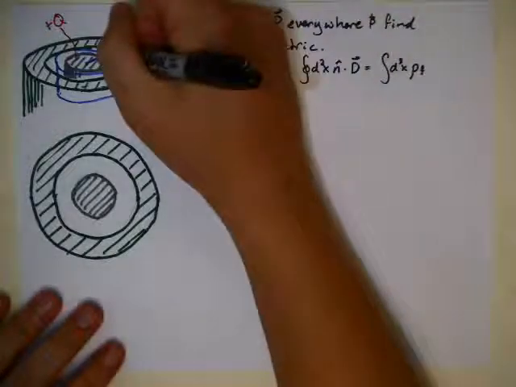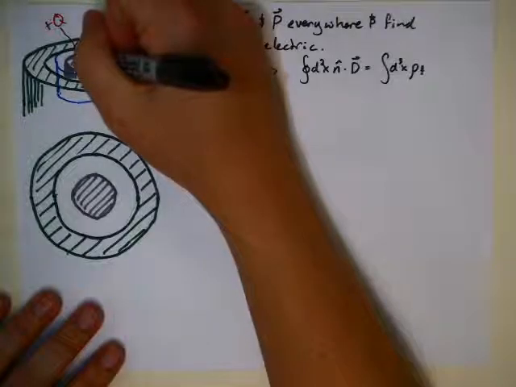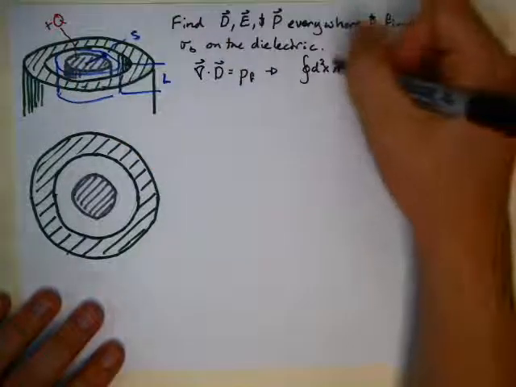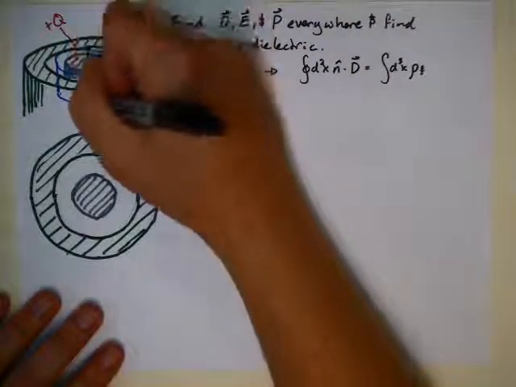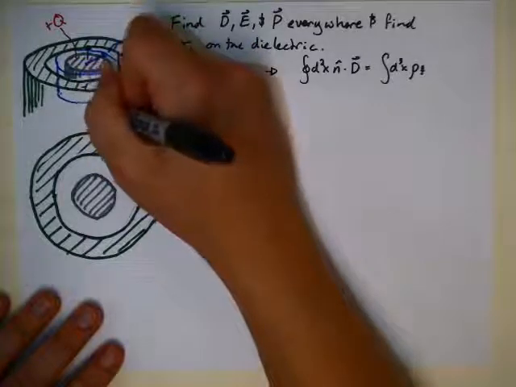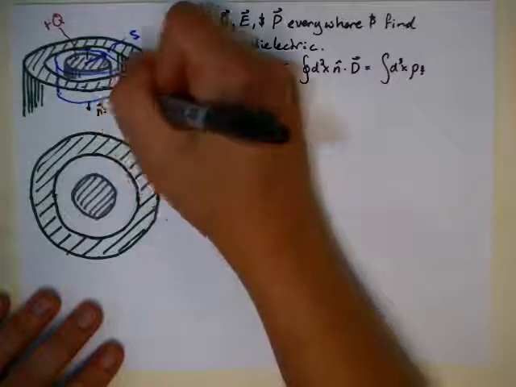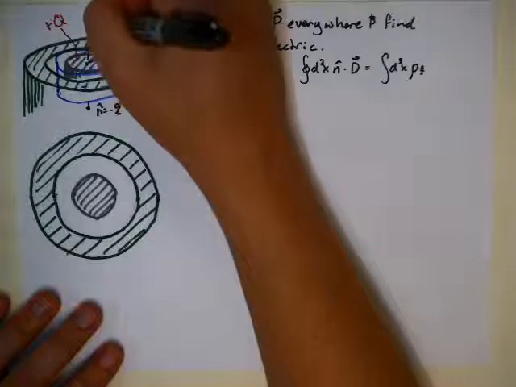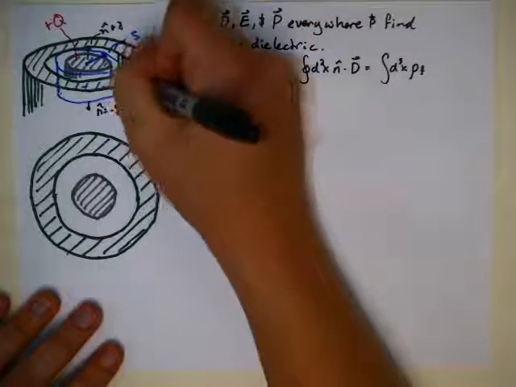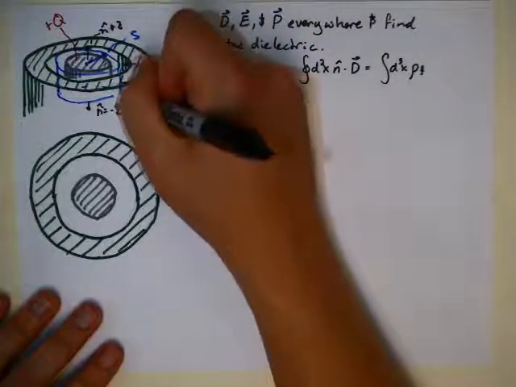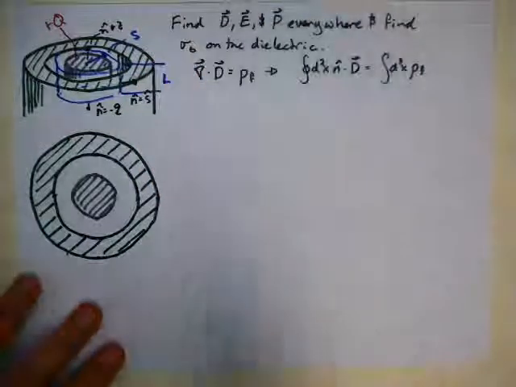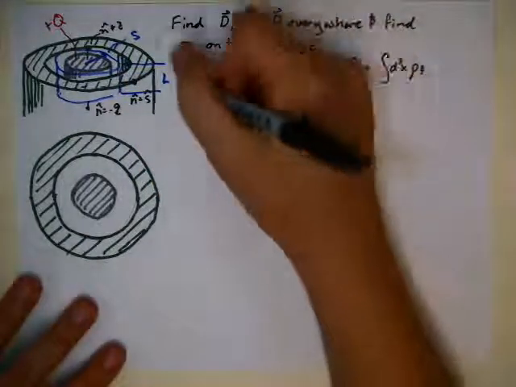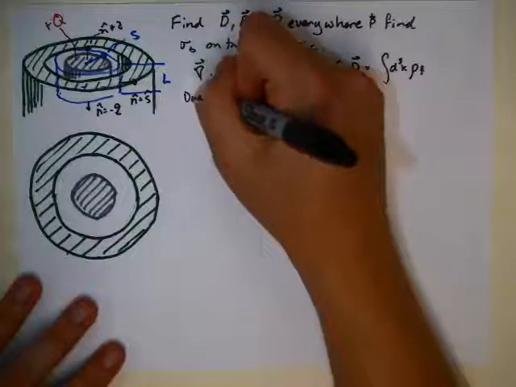The normal vector on the bottom will be in the minus z hat direction, on the top in the plus z hat direction, and on the edge, the n hat will be in the s hat direction.